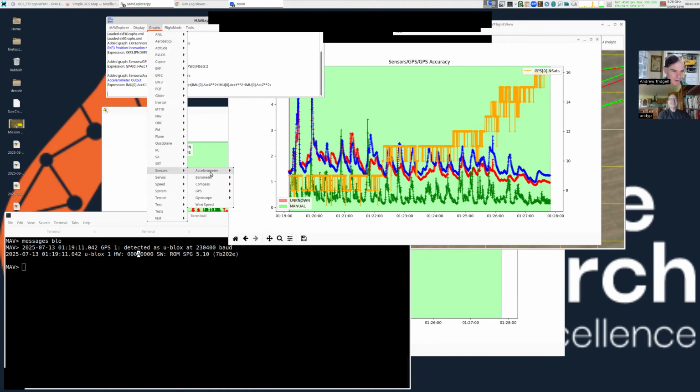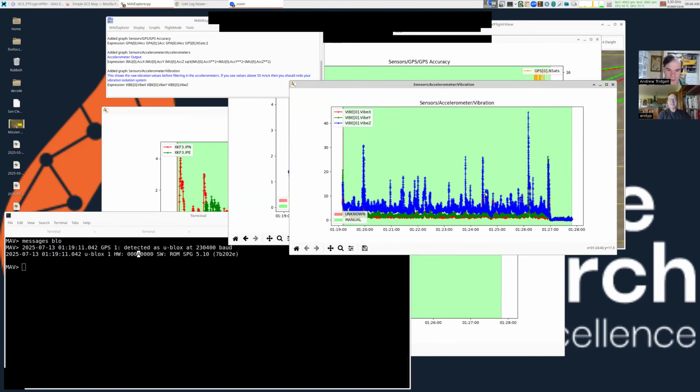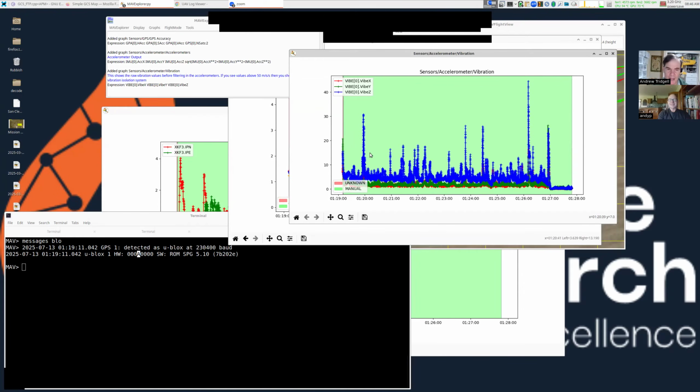One of the things we often look at in the IMU is the vibration and the clipping. So let's look at vibration. Just how badly is this plane vibrating? It's vibrating a fair bit. These are basically low-pass filters, giving an average amplitude in a band of frequencies that are interesting for vibrations.